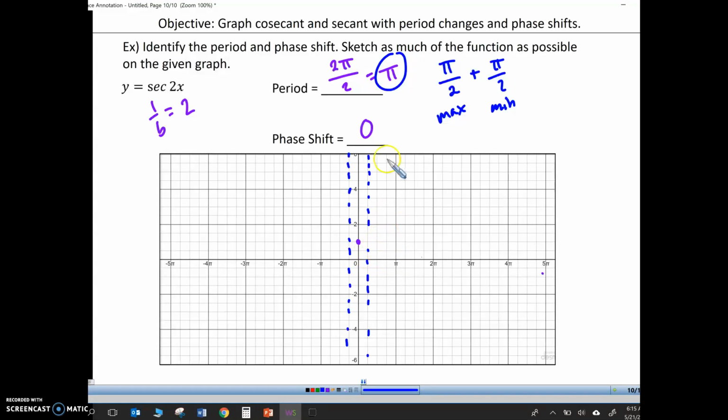So every 2 units. So here. Okay, and then this would be our minimum at -1, which is here. Okay, so we get a very compressed graph.